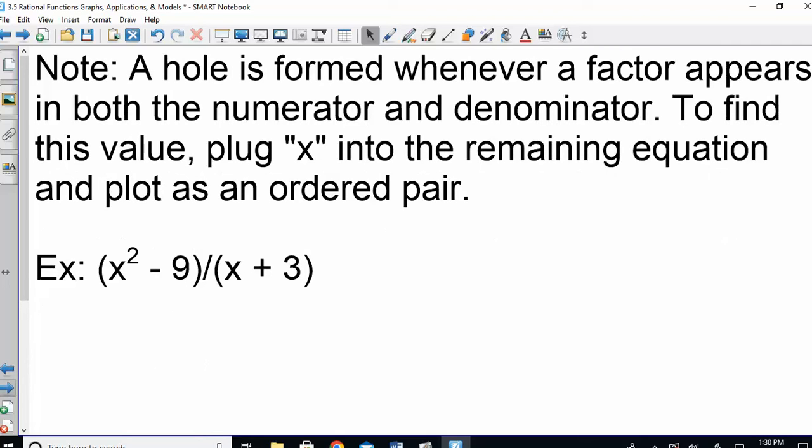One thing that I want to talk about, this is the piece that we need to put in our notebooks. Sometimes we get a hole in the graph. So a hole is what happens when something cancels out of the numerator and denominator. So when I look at this, if we have x squared minus 9 over x plus 3, the first step, if we're going to graph this, is to factor. How do you factor x squared minus 9? What does x squared minus 9 factor into?